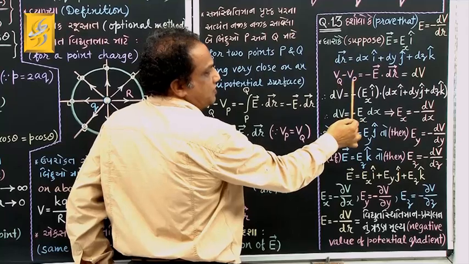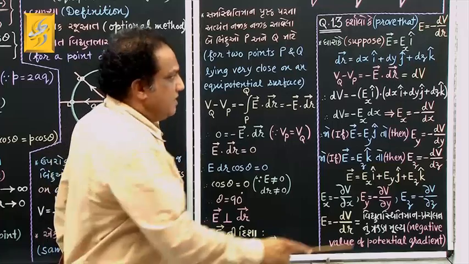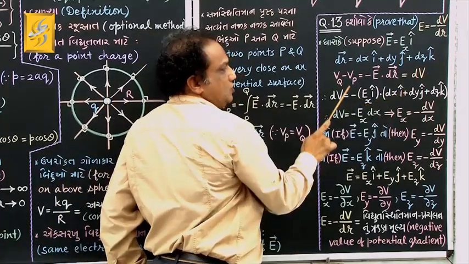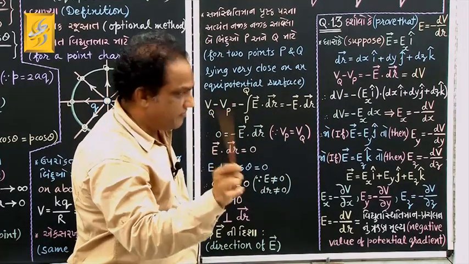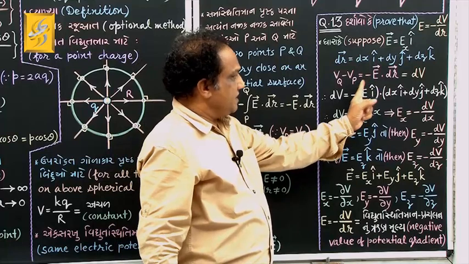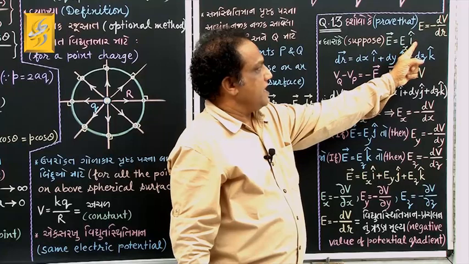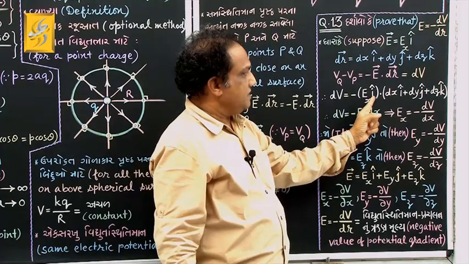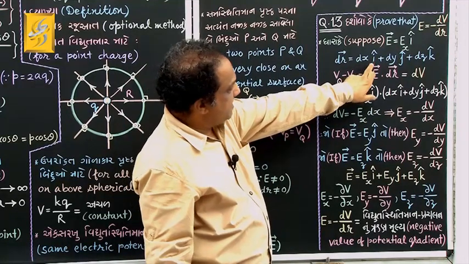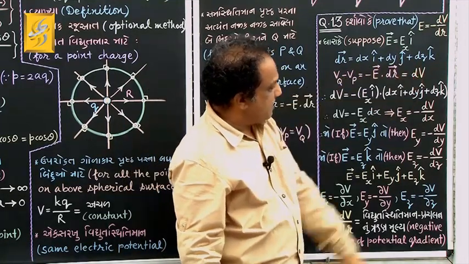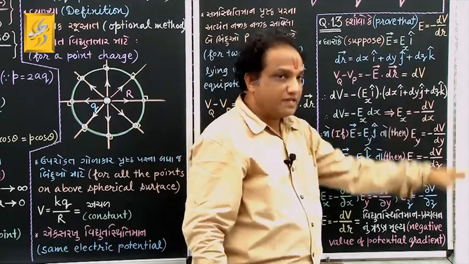Because these 2 points are very close, the difference between the potential values will also be very small. Let it be dV. So I am writing this difference as dV. It is a very small value of electric potential difference. Fine. Now, minus as it is. What about vector E? Vector E is right now Ex i hat, dot, vector dr, which is dx i hat plus dy j hat plus dz k hat.